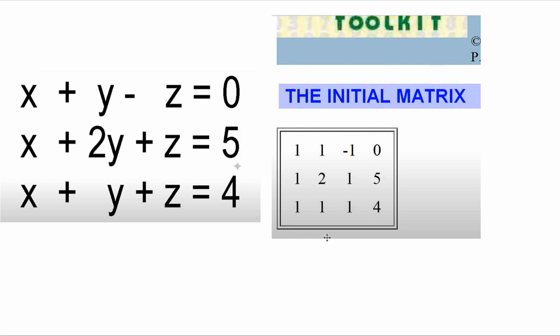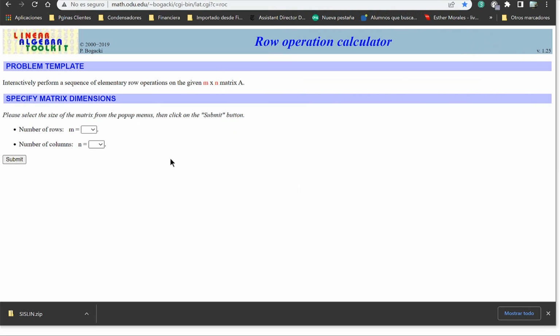Then this is called the augmented matrix of the system. We tell Linear Algebra Toolkit that we are going to use a matrix with 3 rows, 4 columns. Number of rows, 3. Number of columns, 4. And submit.